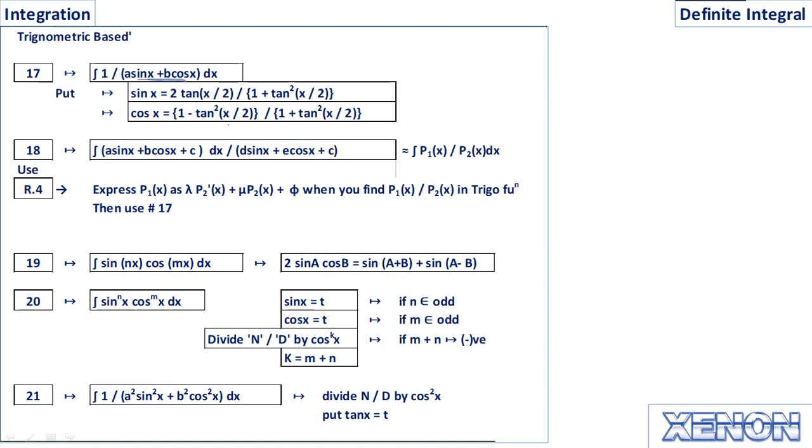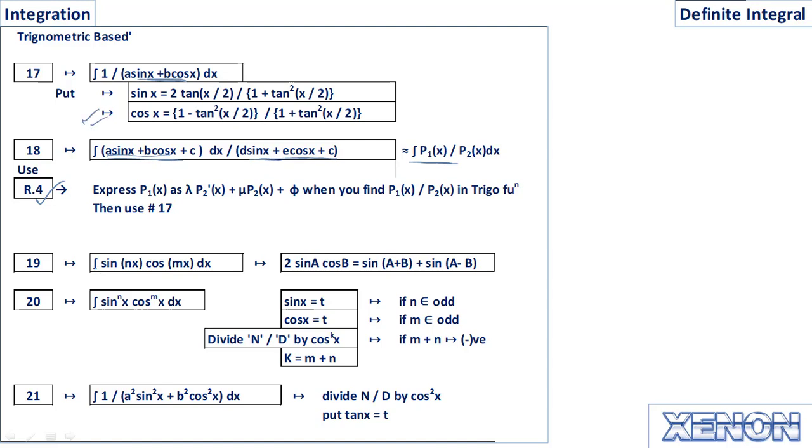When the integrand is of the form a sin x plus b cos x plus c, dx upon d sin x plus e cos x plus f, actually we have discussed this form in the previous section under rule number 4. Actually we will express p1x equals lambda p2 dash x plus mu p2x plus v, and we will proceed as per rule number 7, right?